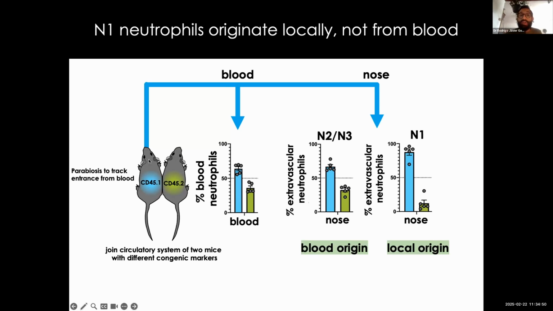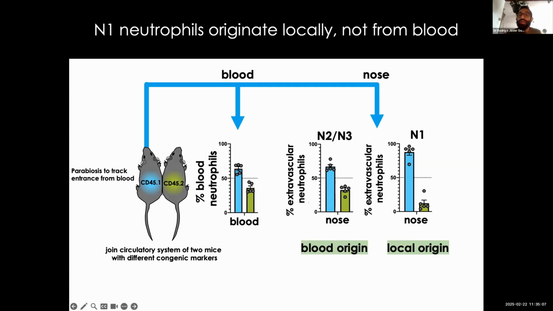If now we look at the nose of the blue mouse and we track the N2 and N3 populations, we see that the percentages of neutrophils are similar to what we found in blood. No surprise, this is consistent with the blood origin.